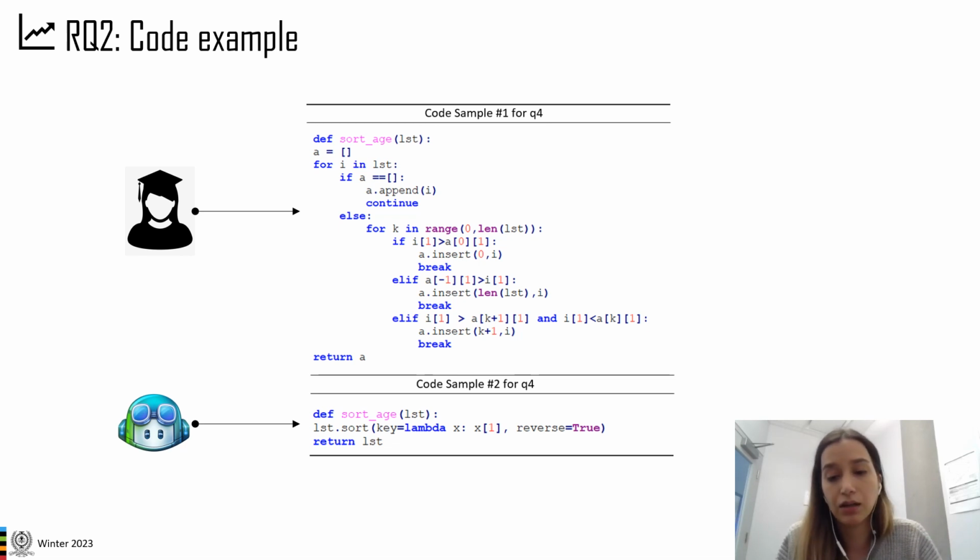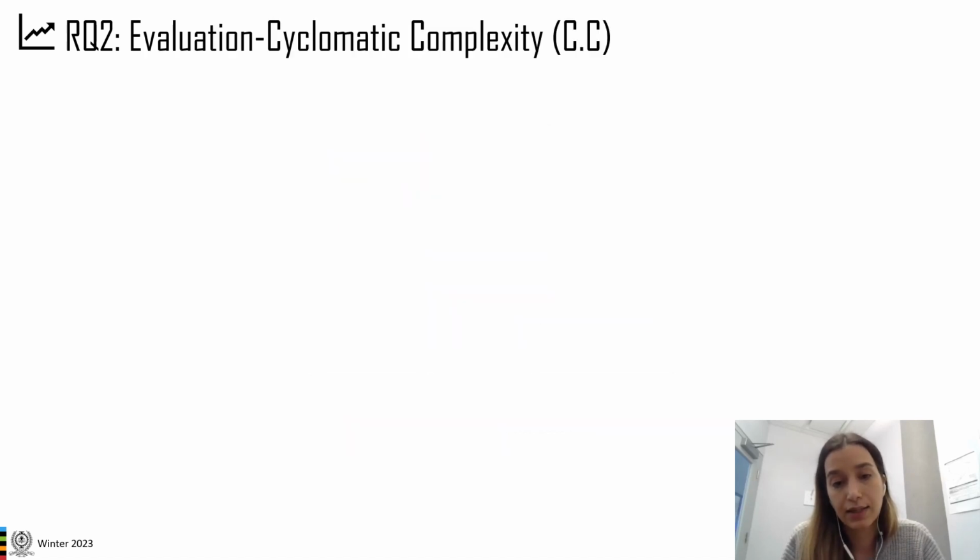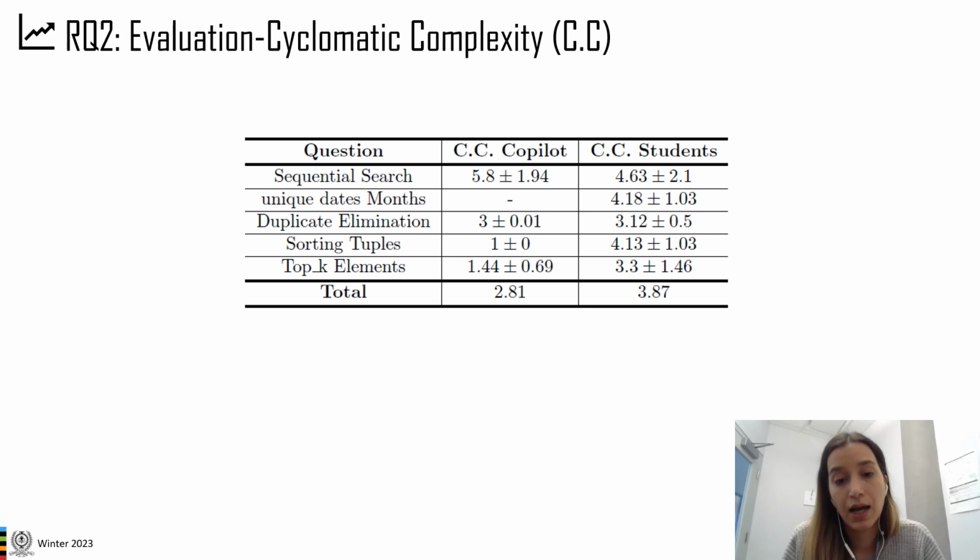That directed us to calculate the cyclomatic complexity of the solutions generated by Copilot and compare it with students for these different programming tasks. Our result shows that the cyclomatic complexity of Copilot solutions is less than that of students.